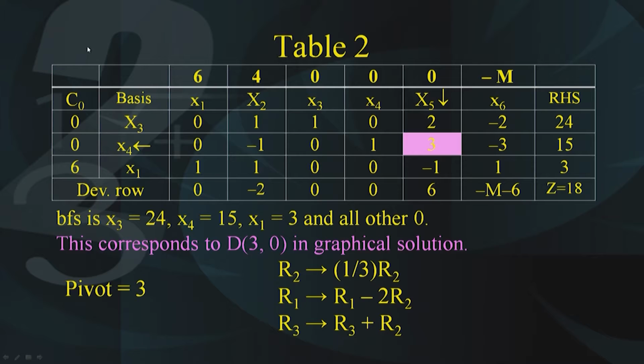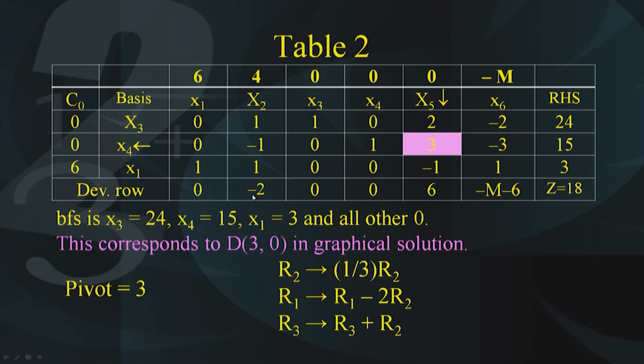Next, we need to calculate the deviation row, and you find the deviation entries are 6 minus (0, 0, 6) multiplied by (0, 0, 1), which is nothing but 0 because it is a basic variable. What are the other basic variables? Yes, x3 is a basic variable, so the corresponding entry is 0. x4 is a basic variable, so the entry corresponding to x4 is also 0.